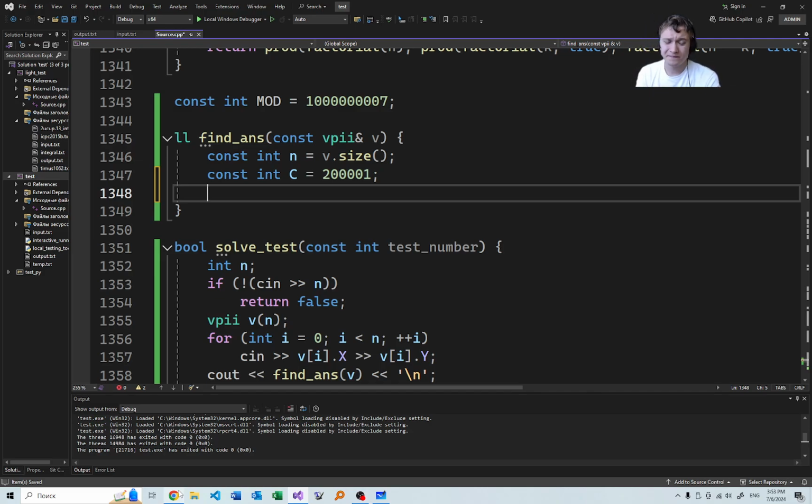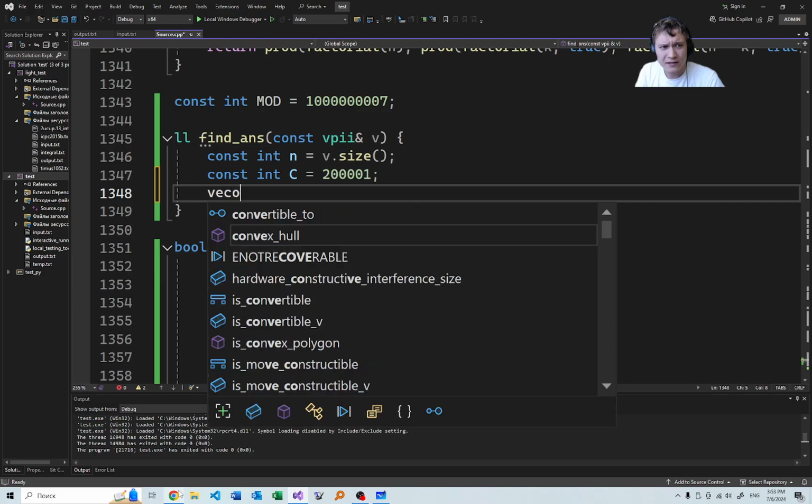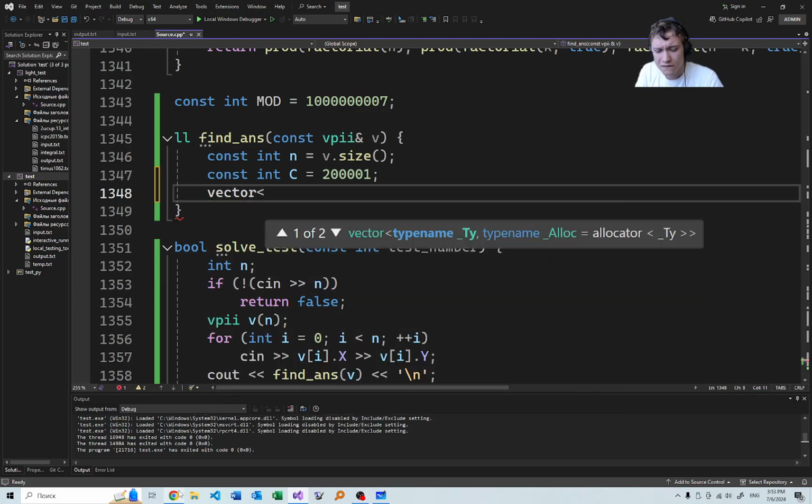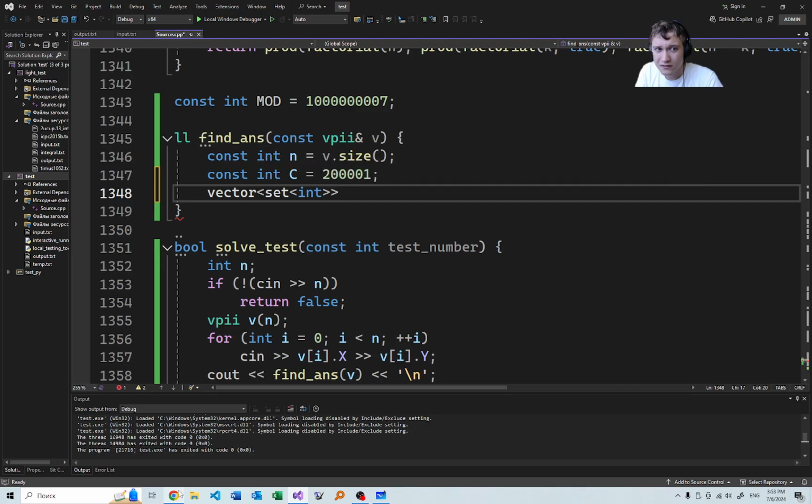Okay, so let's do it like this. So we have a vector of sets of int. So for each fixed x coordinate, which y coordinates are filled.